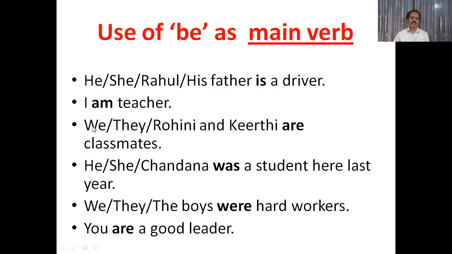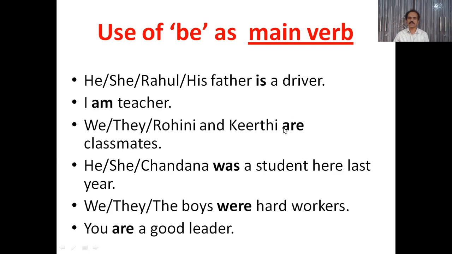Third one: we, they, Rohini and Kirti are classmates. It is very clear. We plural, they plural, Rohini and Kirti plural. That means when the subject is plural, plural iddaga subject to help, verb be form, we use are and be form use ಮಾಡ್ತೀವಿ when the tense is present tense.